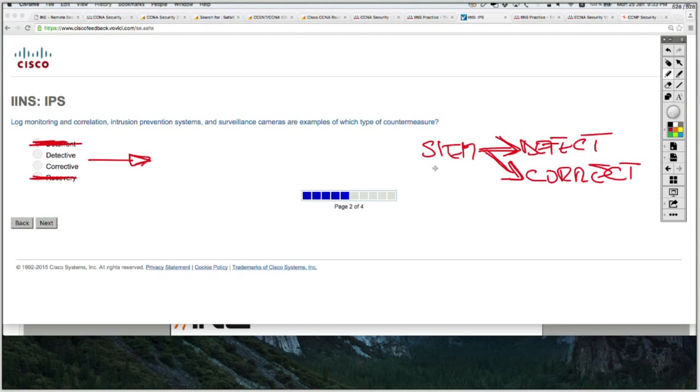So technically speaking, a SIEM can be both detective and corrective.